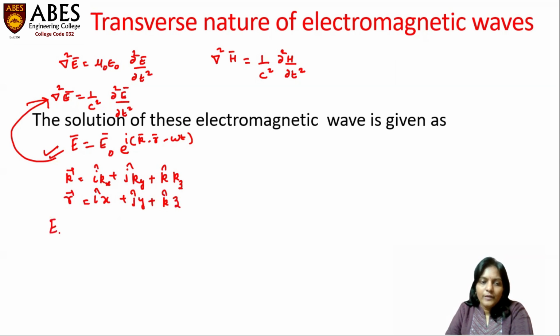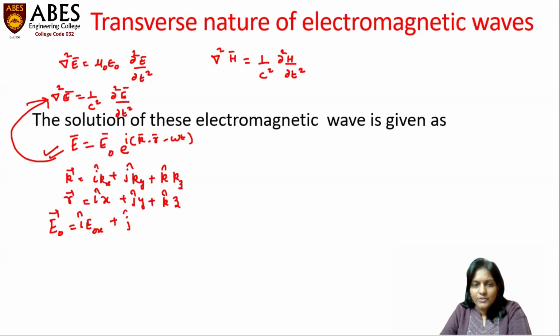The E naught will be E naught x in the direction i, plus E naught y in the direction j, plus E naught z in the direction k. These are the values of vector k, vector r, and vector E naught.